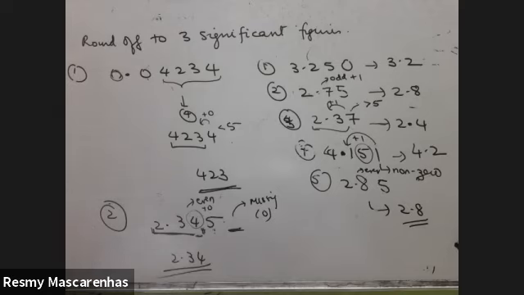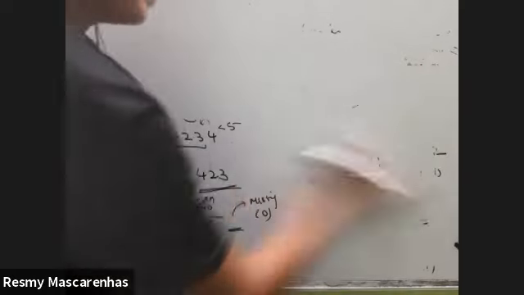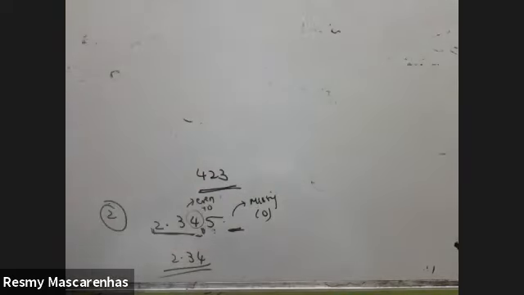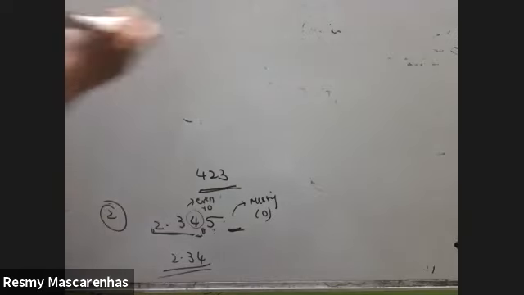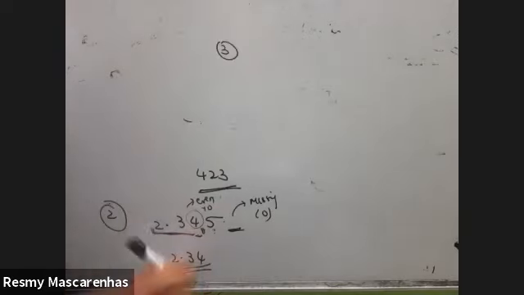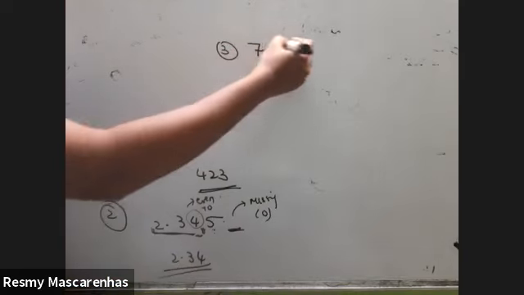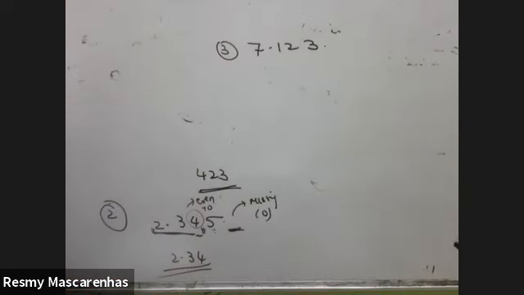Any doubts? If you don't understand, please interrupt and you can ask. Explain. If you don't understand how you got this answer, this will be the answer for this. Whatever we are doing is for 3 significant figures.